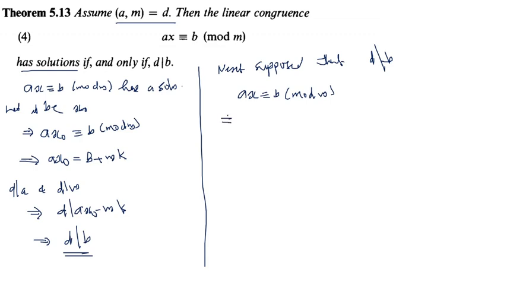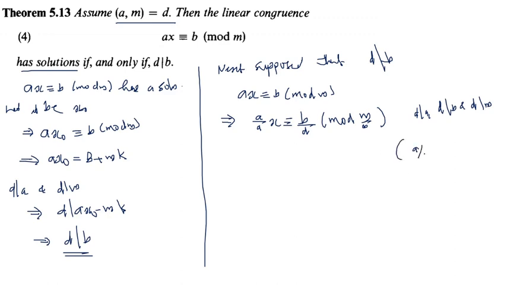That implies a by d x congruent to b by d mod m by d by the cancellation law, because d divides a, d divides b and d divides m. Therefore we can cancel d. Therefore a by d x congruent to b by d mod m by d, where GCD of a by d and m by d is 1.